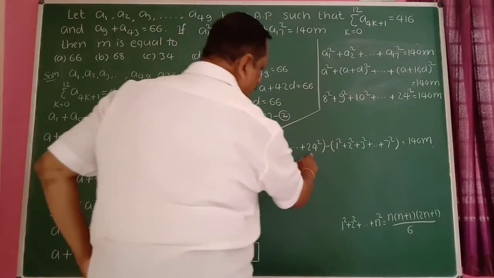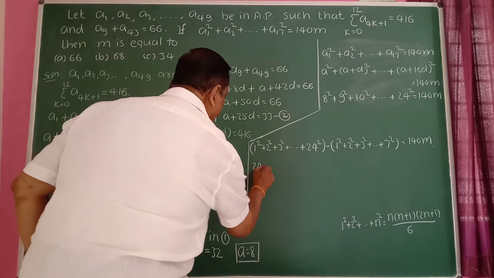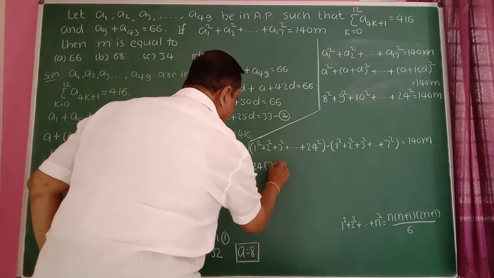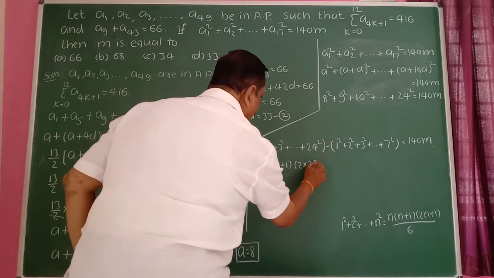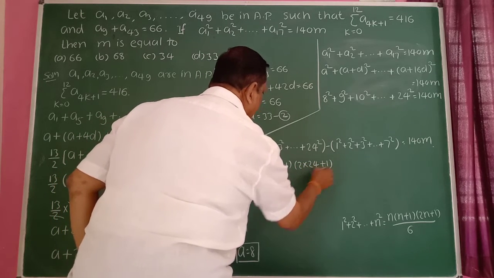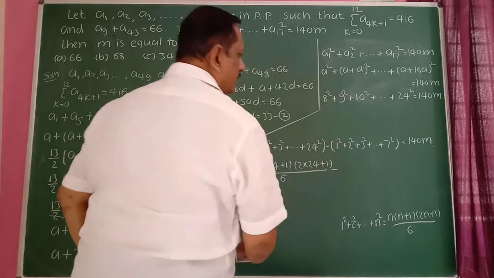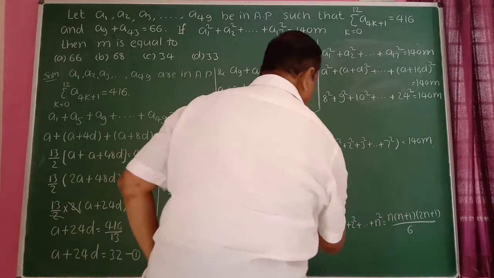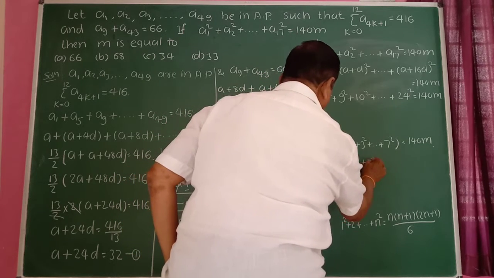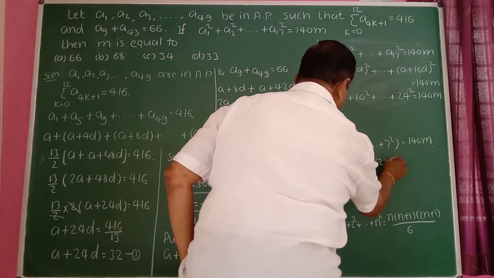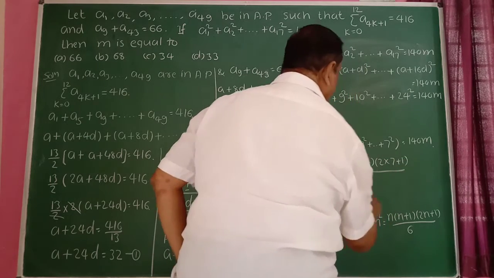Therefore, put n equal to 24: 24 into 24 plus 1 into 2 into 24 plus 1 divided by 6, minus. Now put n equal to 7: 7 into 7 plus 1 into 2 into 7 plus 1 divided by 6.